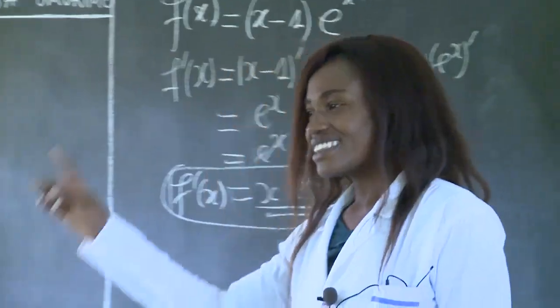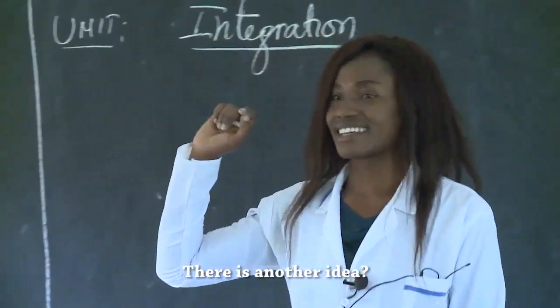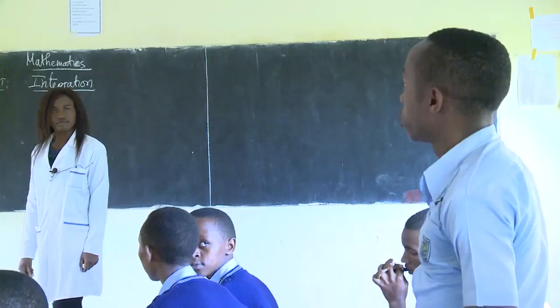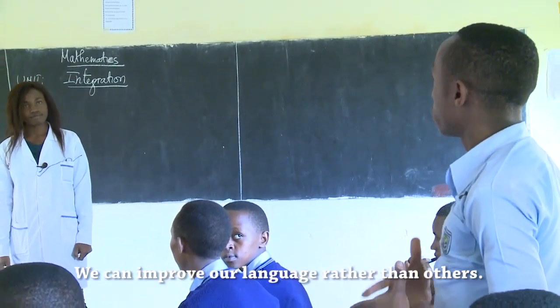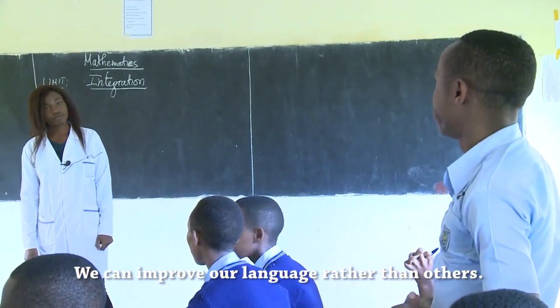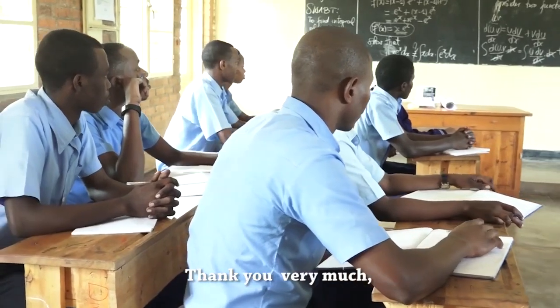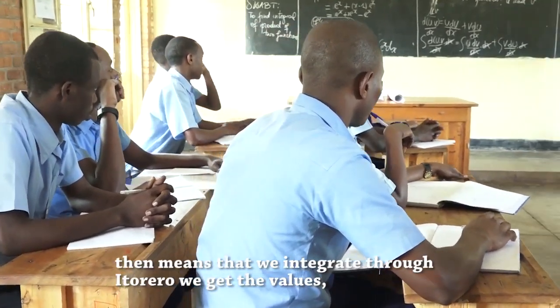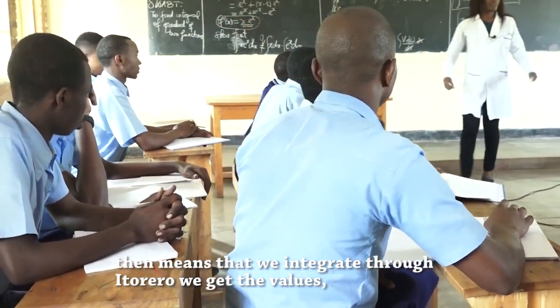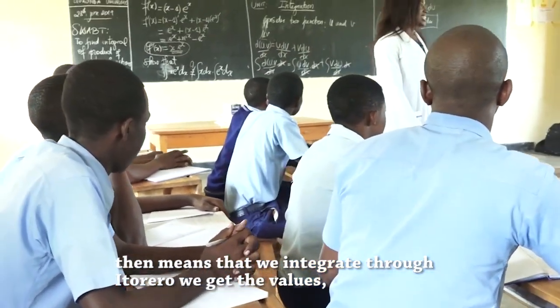Is there another idea? Yes? We can use our original culture. We can improve our language rather than others. Thank you very much. Then it means that we integrate. We integrate through Itorero and we get the values.